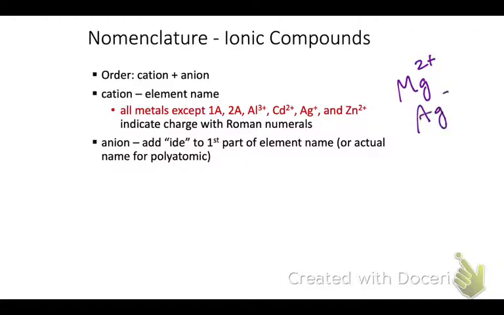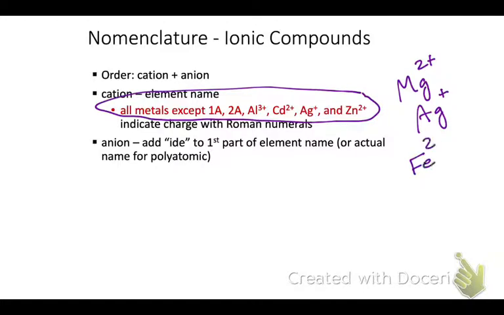Silver +1 is also just silver because it is one of those exceptions in red. However, when I have iron and I want to call it, I have to say iron and between parentheses 2. So I am indicating the charge.